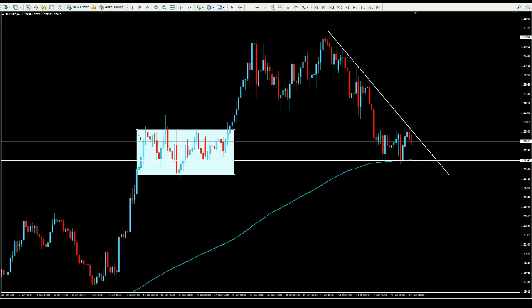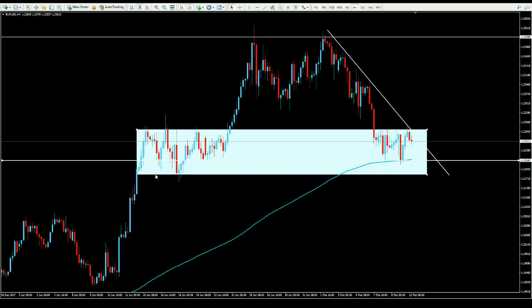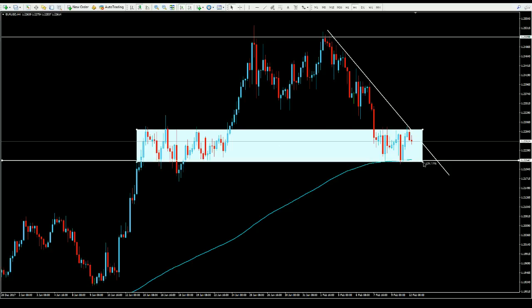This was sideways. And then we got the breakout. Now if we look at this area also, sideways, breakout, continuation, sideways again between this area. There, much better. So could this repeat itself, this pattern?